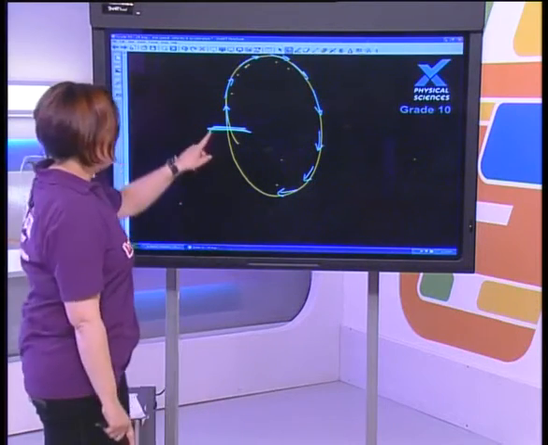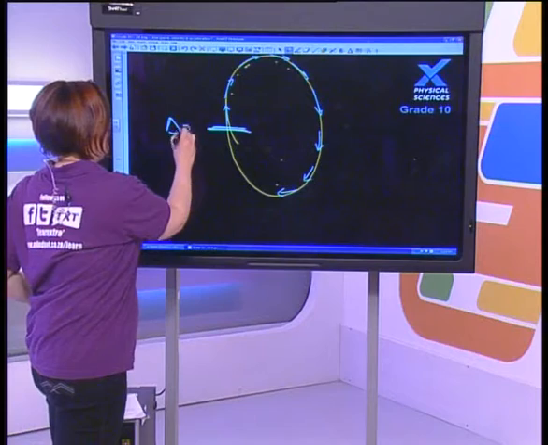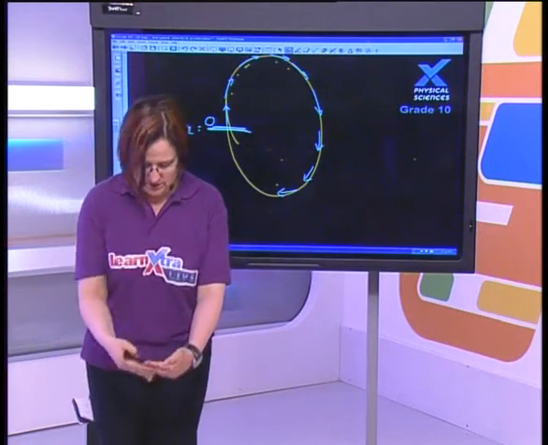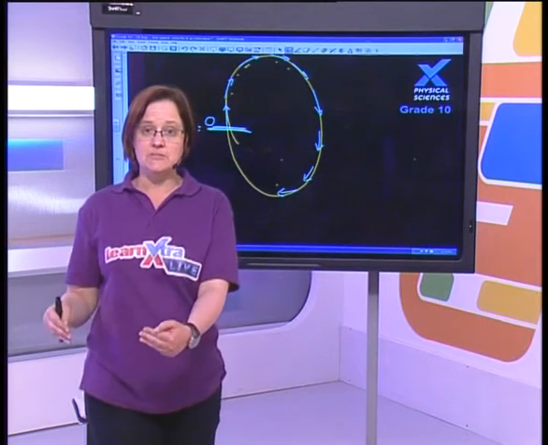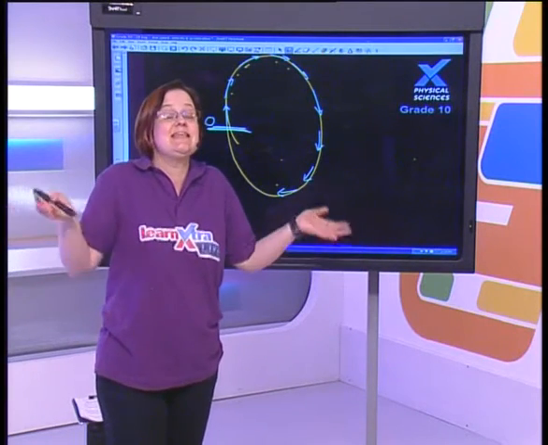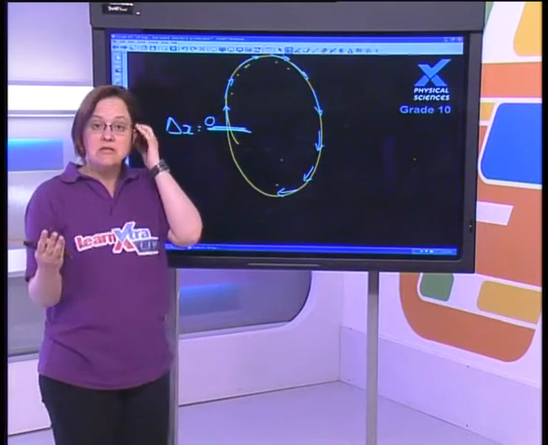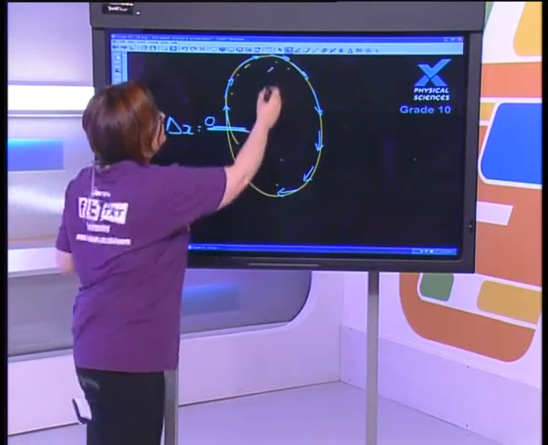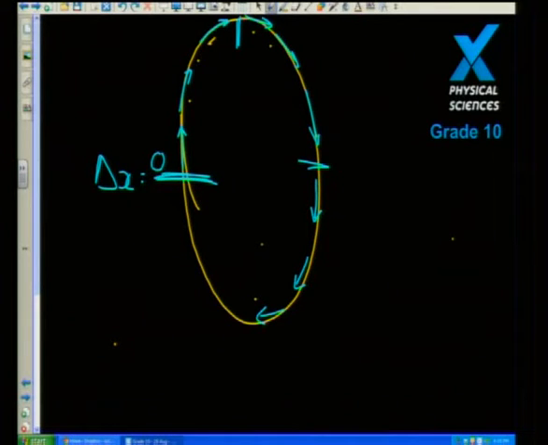But if he starts and stops in the same place, his displacement is 0 because there's no distance between where he started and where he stopped. If his displacement is 0, his average velocity is 0. And I'm talking average, grade 10s, not instantaneous. I'm not saying what his velocity was at that point; I'm saying what his average was by the time he got to the end.